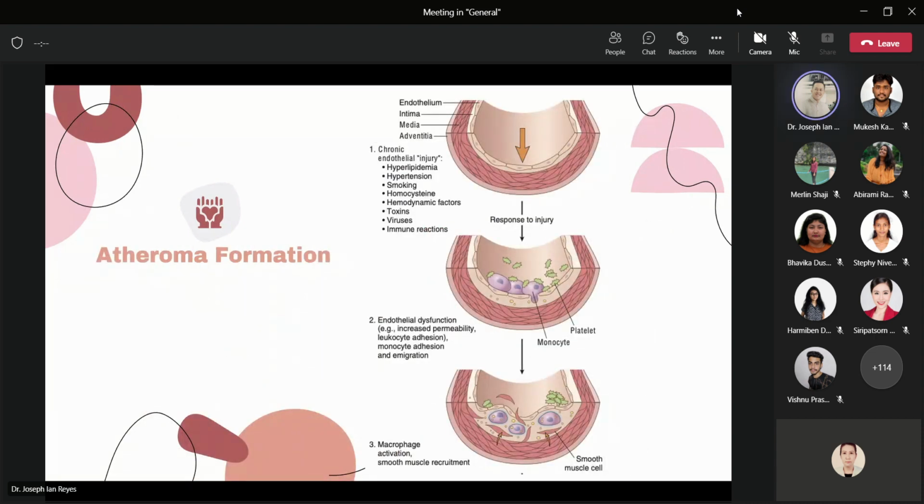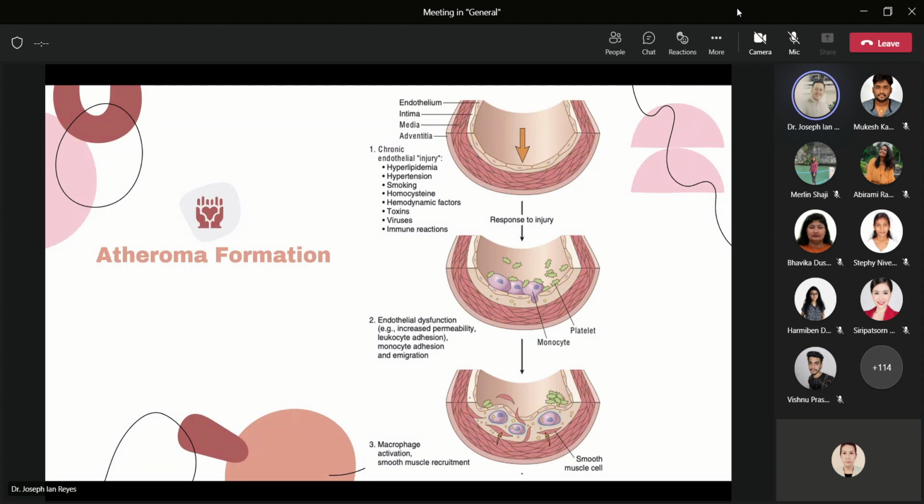Here, I hope you guys can see, it's very small. If there are chronic endothelial injuries, such as hyperlipidemia, hypertension, smoking, homocysteine, hemodynamic factors, toxins, and viruses, those cause the damage, and there would be a response to that injury.